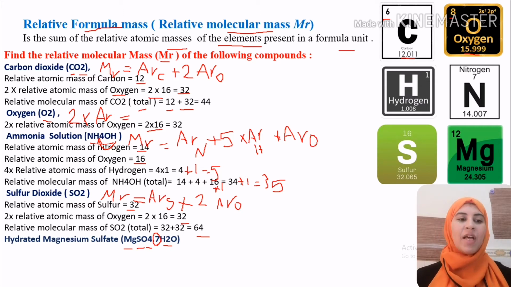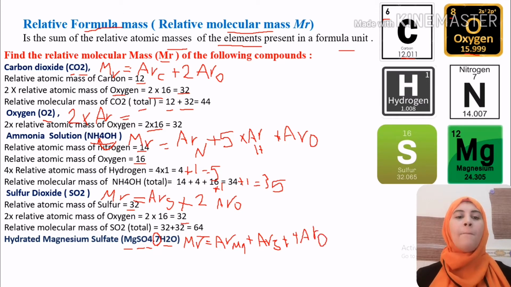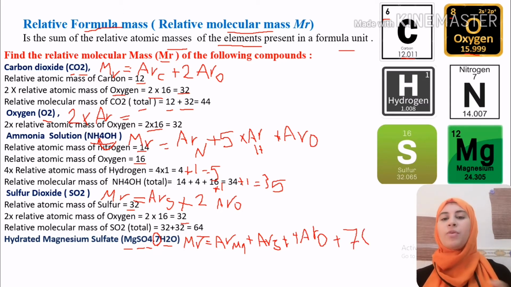So we can say that Mr, the relative molecular mass, equals the relative atomic mass of magnesium, Ar for Mg, plus Ar for sulfur, plus 4 times Ar for oxygen atom, plus 7 molecules times the relative molecular mass of water molecule.